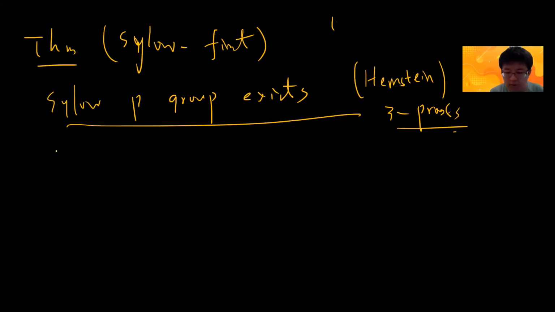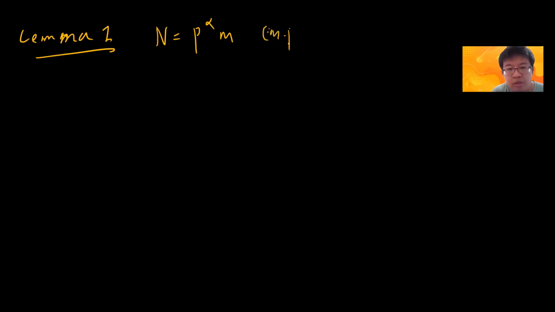Before we do it, let's do the lemmas. Lemma 1. This is the easiest one, I think. Suppose n is p to the alpha times m, where m and p are coprime.